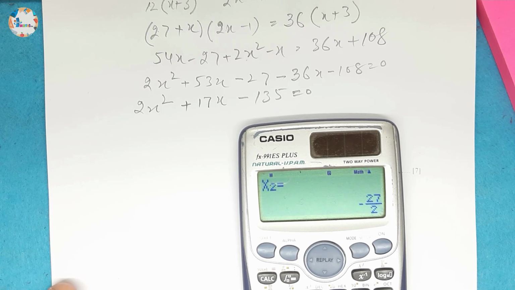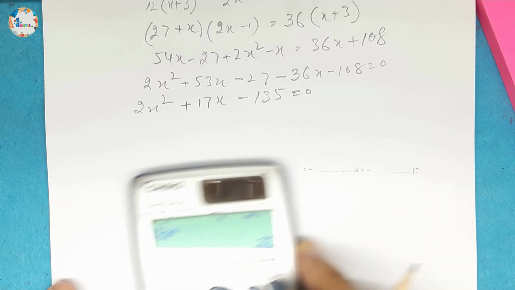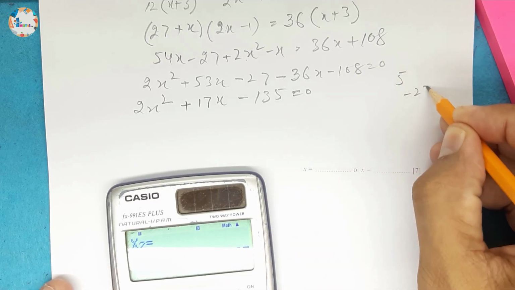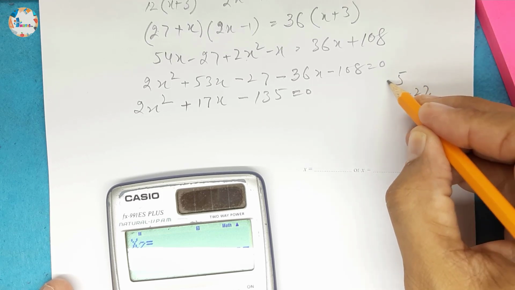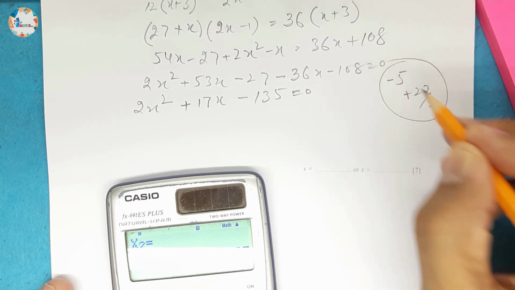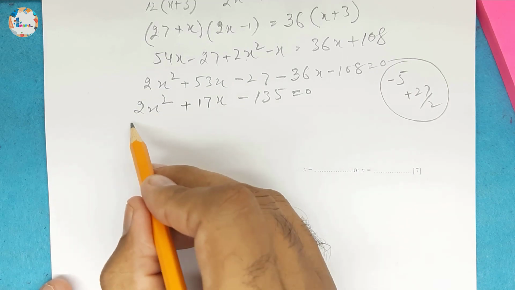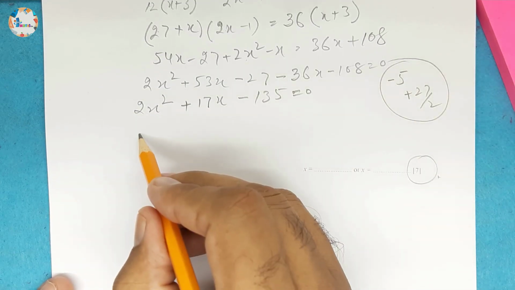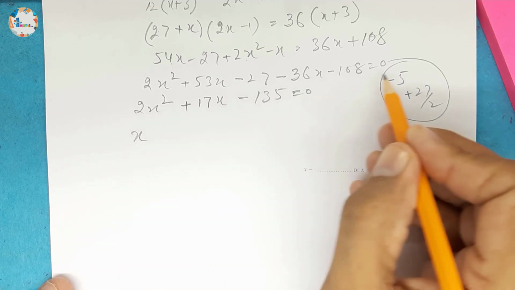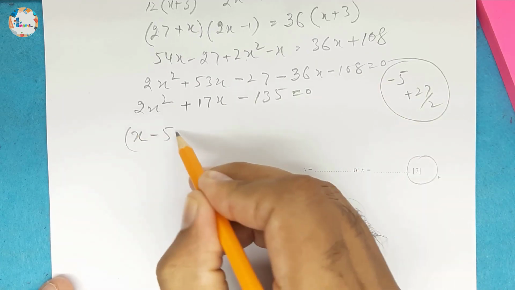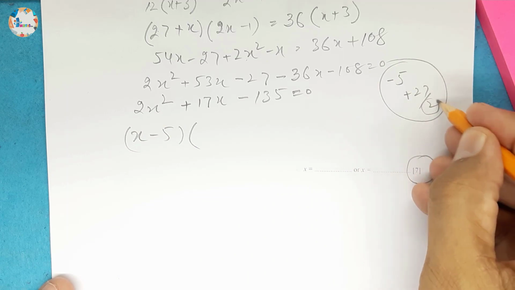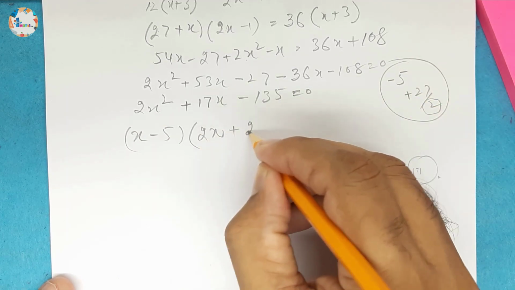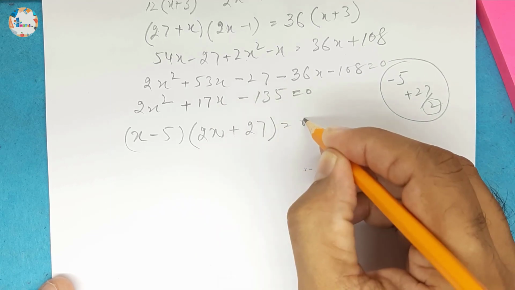So this will be 5 and minus 27 by 2, and change sign, and these are the values which we can use for factorization, because this is a 7-mark question, so we need the detailed answer. So it will be x minus 5 first factor, and the second factor, this denominator we will write with x, 2x, and plus 27 is equal to 0.